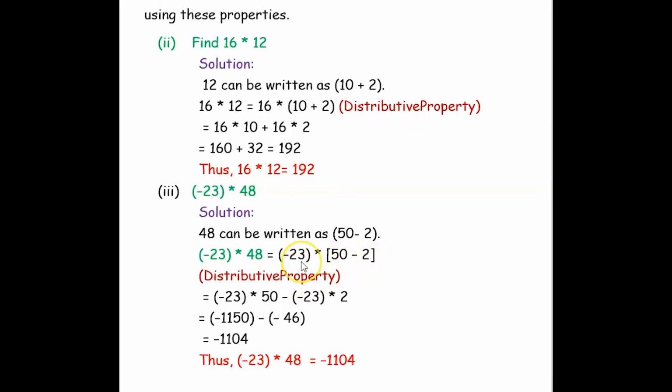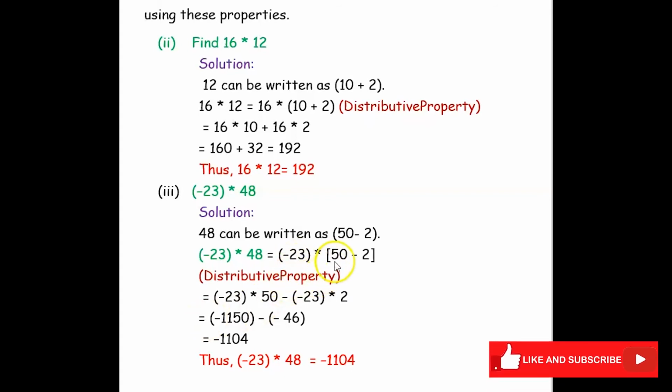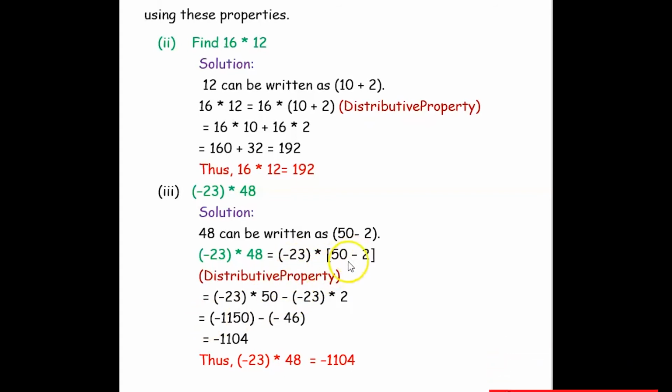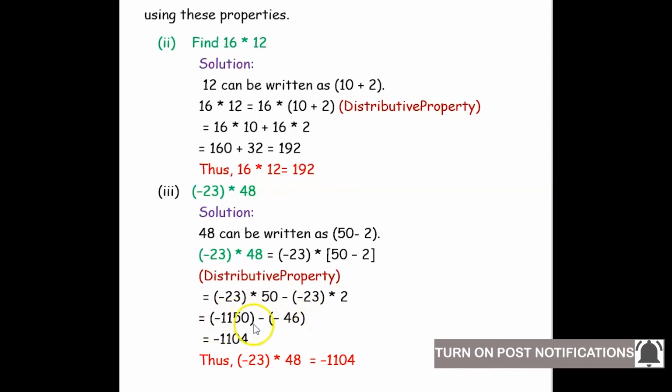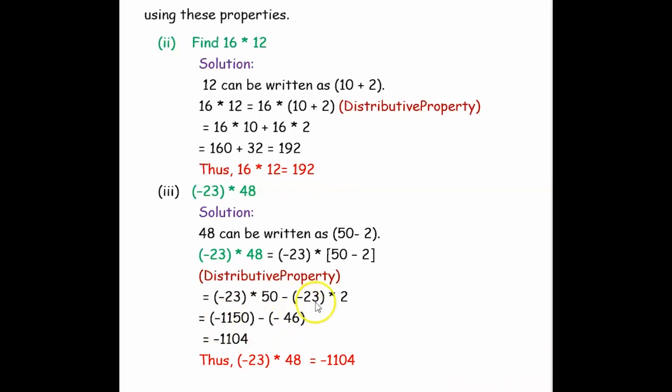Now we are distributing using that property. So negative 23 into 50 minus negative 23 into 2. So negative 23 into 50 is negative 1150, minus negative 23 into positive 2, which will be negative 46. So this negative and this negative will become positive.